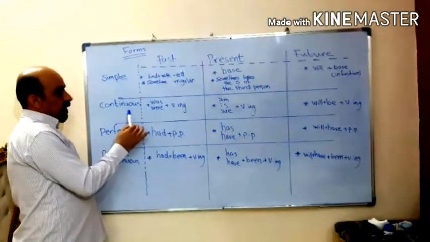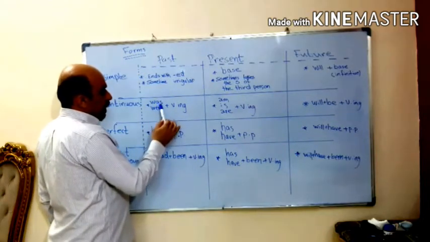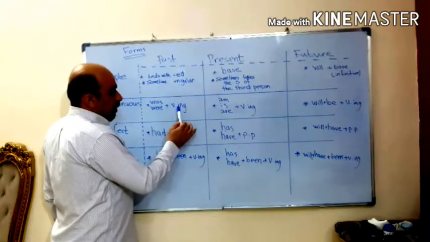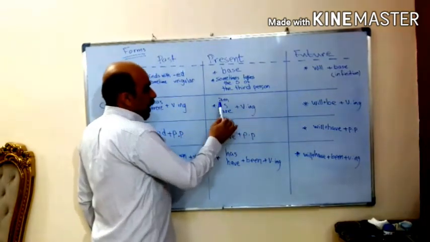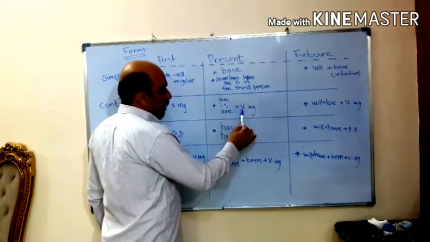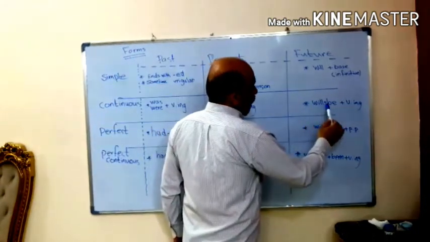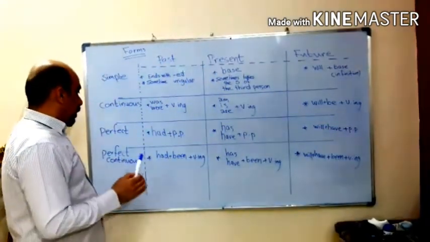For the continuous category, the past begins with was or were plus a verb with -ing. For the present, am, is, are plus verb with -ing. For the future, will plus be plus verb with -ing.